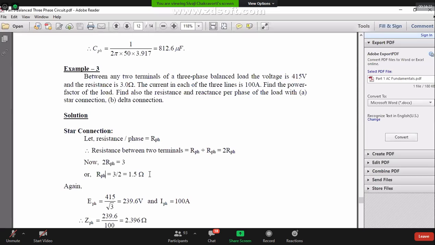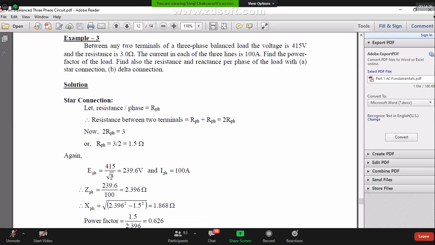That means R phase plus R phase of the other two, they are in series, but they are in parallel with this R phase. So R phase parallel with 2 R phase. So when we measure the resistance between any two terminals, in star we get 2 R phase, in delta we get R phase in parallel with 2 R phase.